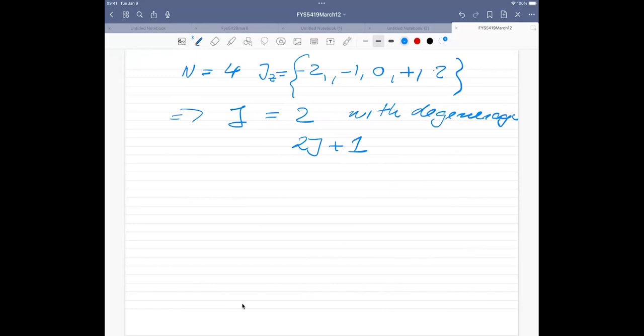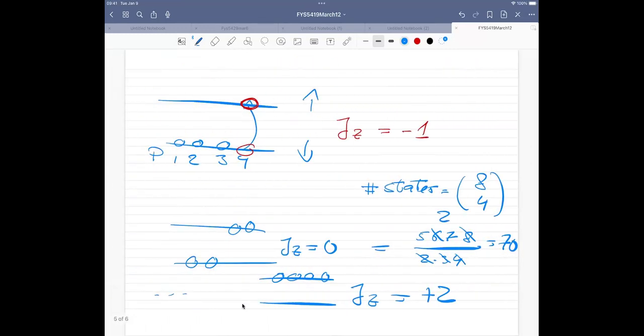And at the end, since this gives us 5 spin values, if we diagonalize in that basis, we will actually get a 5 by 5 matrix, instead of diagonalizing by brute force a 70 by 70 matrix. And the reason for that is that we have many such states, which will essentially give the same energy, where we now have JC equal to 0, JC equal to -1, and JC equal to +1.